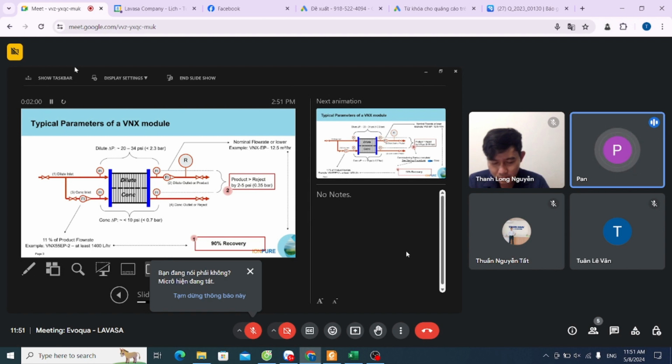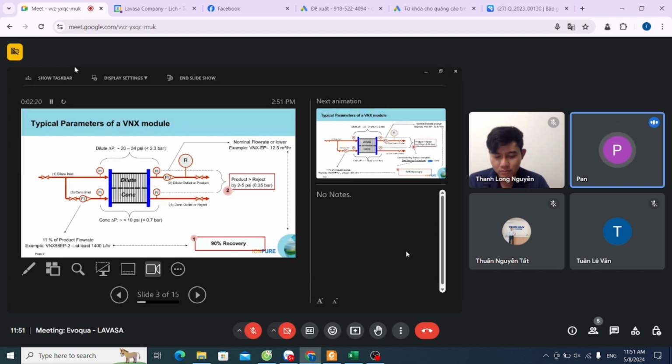So you need to set a bit of back pressure, because normally the concentrate goes to drain. Going to drain means it's atmospheric, zero pressure. So you set a bit of back pressure with this valve. You close, there is some back pressure. You open, it releases the pressure. Does it make sense?